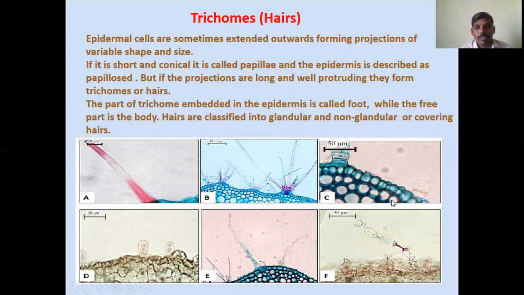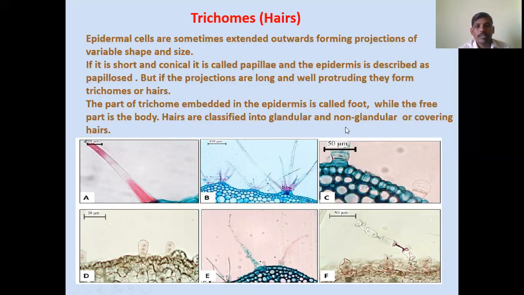These are various microscopic slides which show different types of trichomes on the superficial surface of the epidermis. These trichomes are sometimes unicellular, sometimes multicellular, branched and unbranched also.